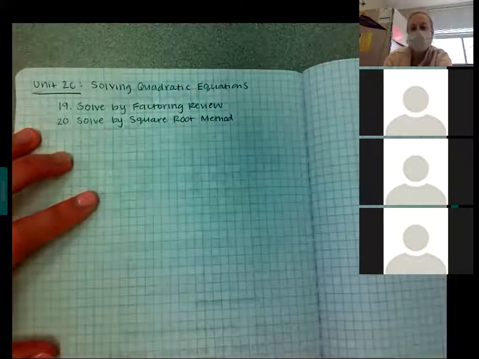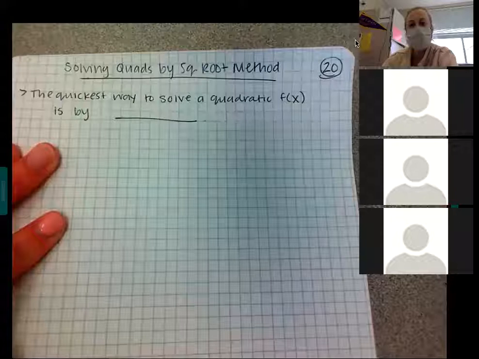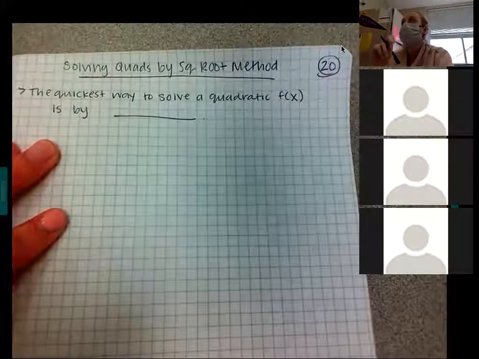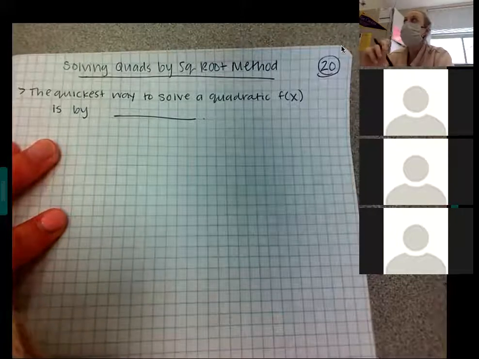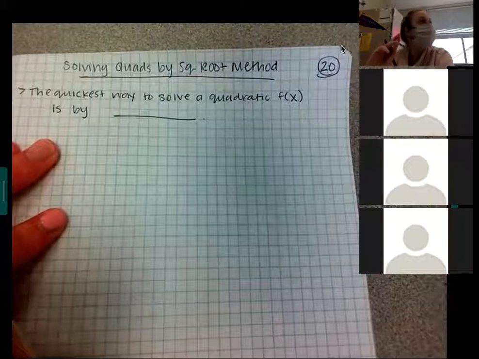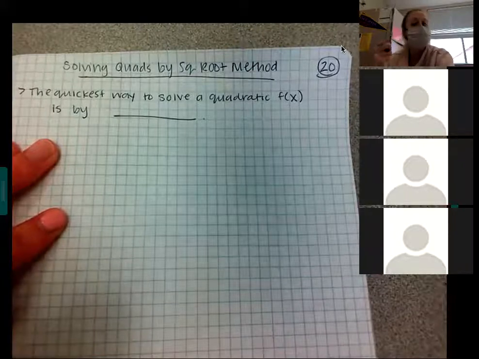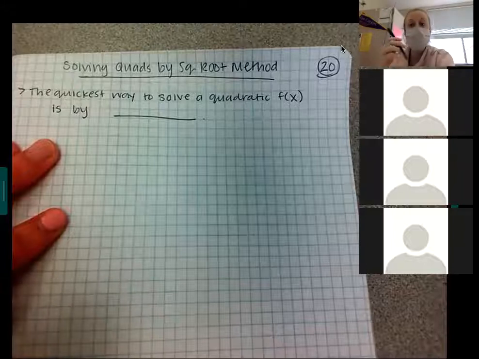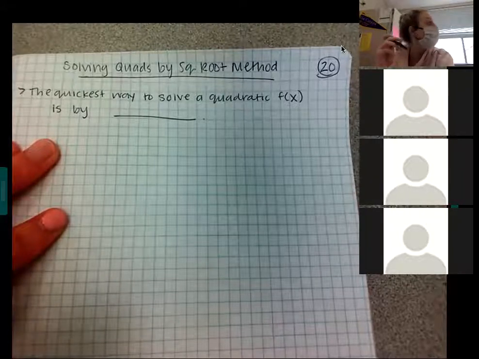So I'm going to pause and let y'all get this caught up, and then we'll go ahead and get started with notes. We're going to start off with this statement. The quickest way to solve a quadratic function. So review from yesterday. When we solve, what are we finding? Roots, zeros, solutions. Those are all names for what?